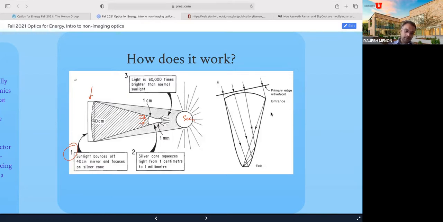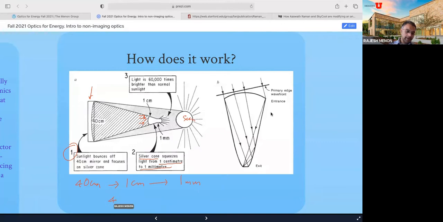And that CPC, which is shown as a silver cone, squeezes the light from 1 centimeter, that's its input aperture, to 1 millimeter. So here we went from 40 centimeters to 1 centimeter to 1 millimeter.